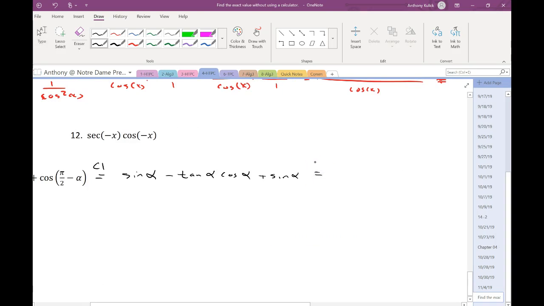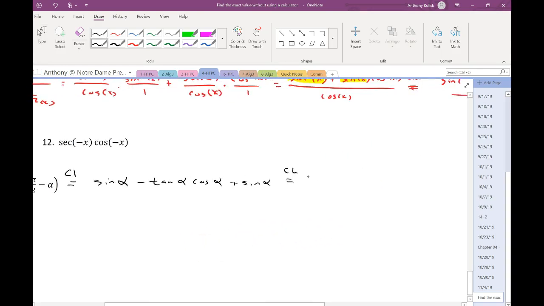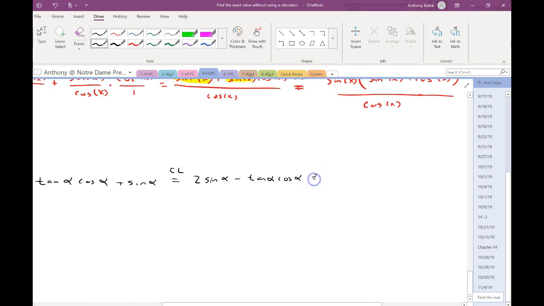And then if I combine like terms, I have 2 sine alpha, and then what?